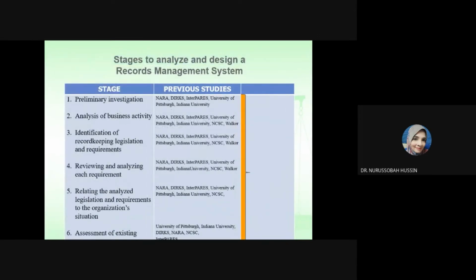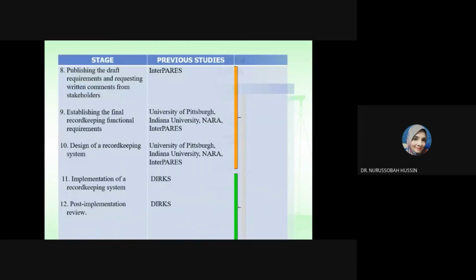The first one is preliminary investigation, and second is analysis of business activity, and then identification of record-keeping legislation and requirements, and then reviewing and analyzing each requirement, and then relating the analyzed legislation and requirements to the organizational situation, and then assessment of existing system, and then publishing the draft requirements and requesting written comments from stakeholders, and then establishing the final record-keeping functional requirements.